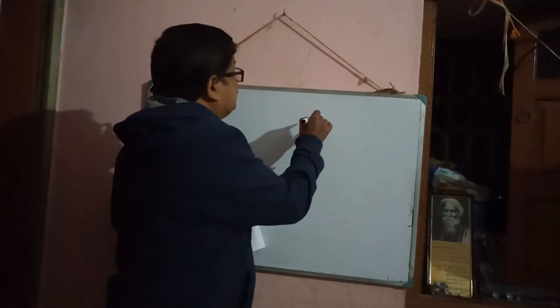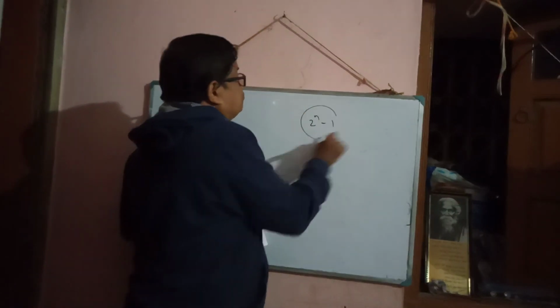Okay, n different things are given, taken any number at a time. So combination will be 2 to the power n minus 1.